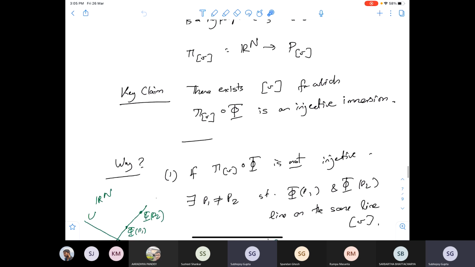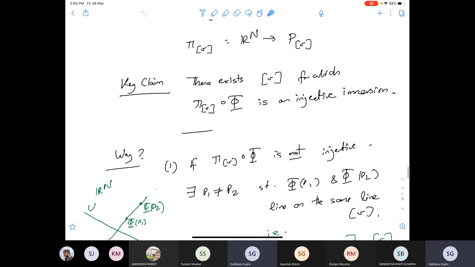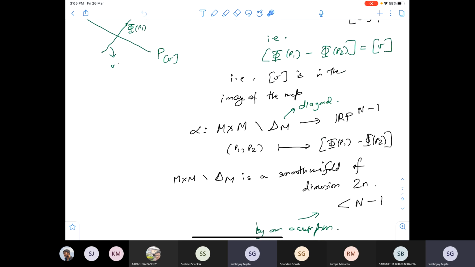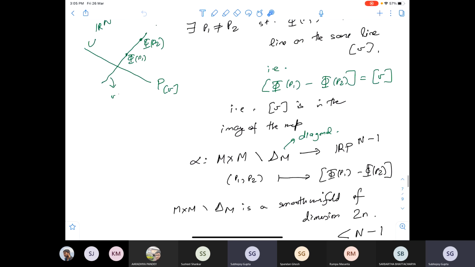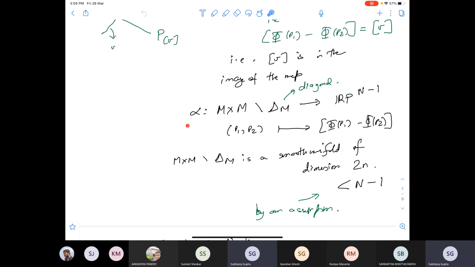And so far we were able to show that there exists a v so that this composition is injective. Because if it is not injective, then it amounts to showing that this v belongs to the image of this map, and then by Sard's theorem, or by the corollary of the mini-Sard theorem, we know that the image of this map has measure 0.